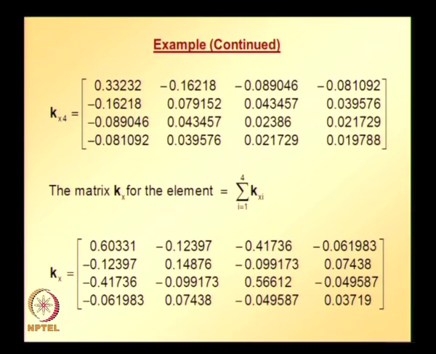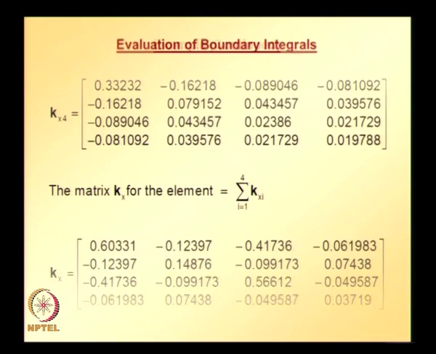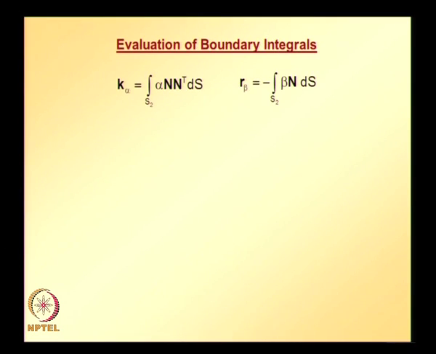So now let us discuss how to evaluate boundary integrals. Before doing that, please recall these are the two boundary integrals which we need to evaluate, k alpha and r beta, and the terms k alpha and r beta require integration along the boundary of the element.